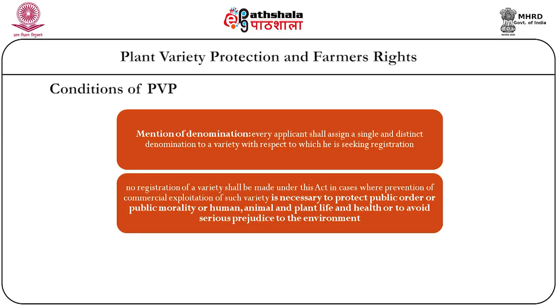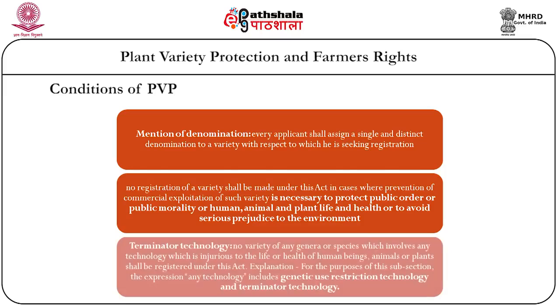This is one of the most general clauses that relate to public order and morality, through which no registration can be entertained. It means the Plant Variety Protection Authority has absolute powers to reject certain registrations based on this condition. Furthermore, terminator technology is not allowed to be registered.